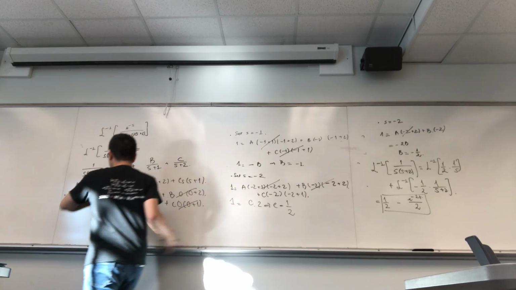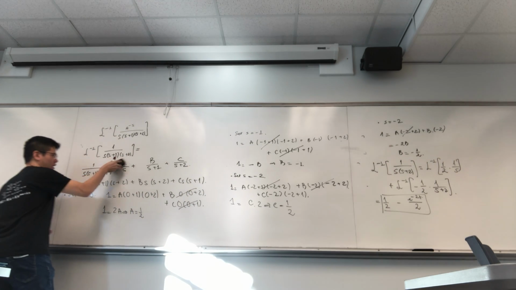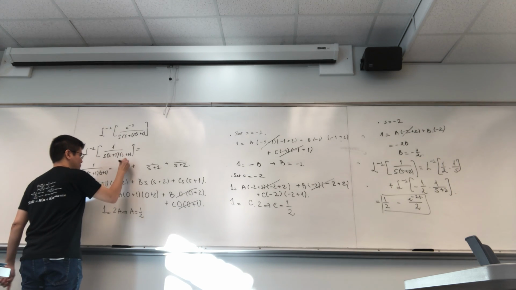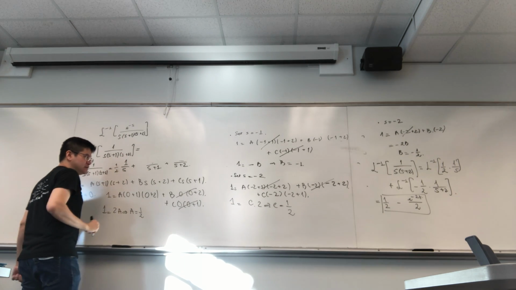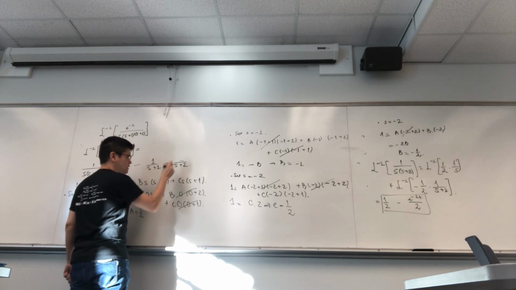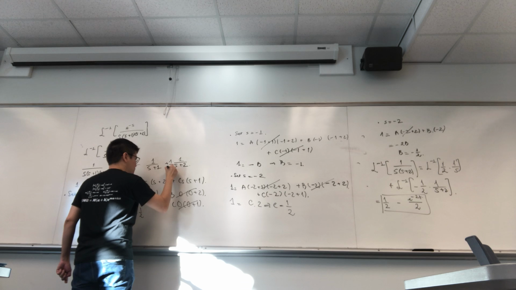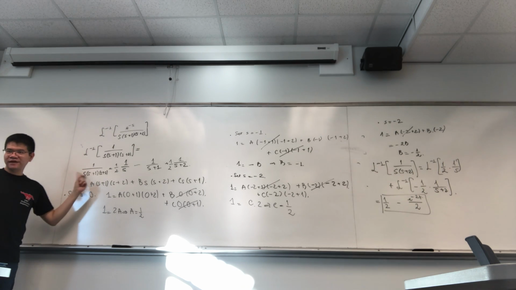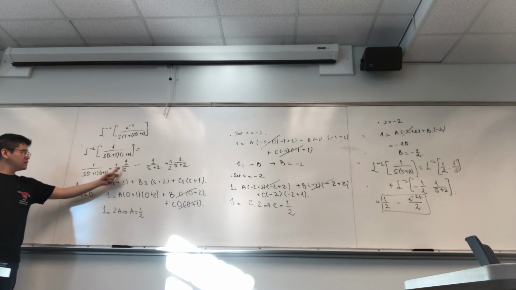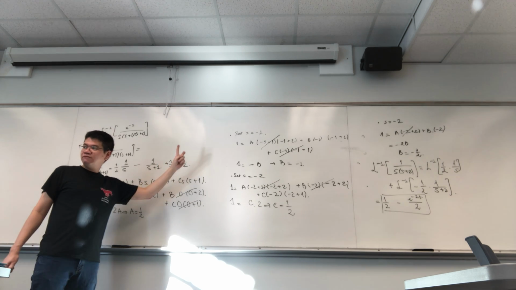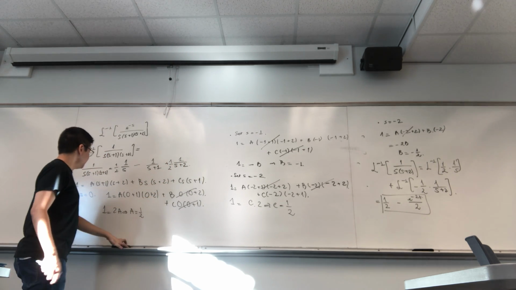After everything, I can plug in a, b, and c. A is 1/2, b is -1, and c is 1/2. After all of this computation, I found that 1 over s(s plus 1)(s plus 2) is 1/2 times 1 over s minus 1 over s plus 1 plus 1/2 times 1 over s plus 2, right?